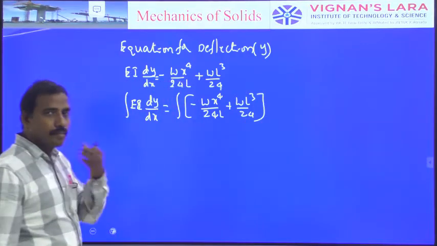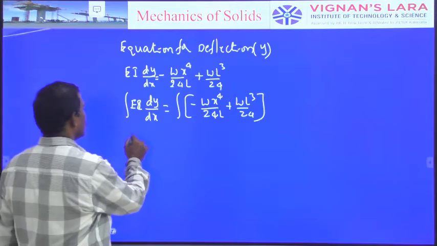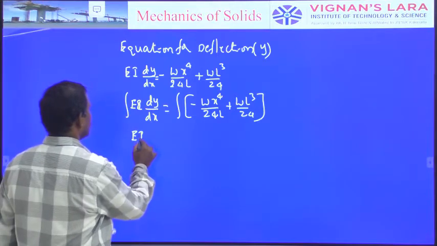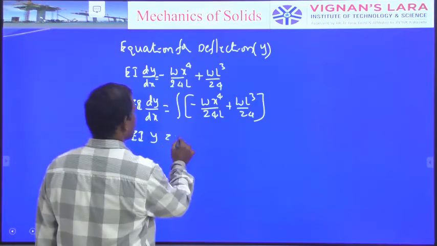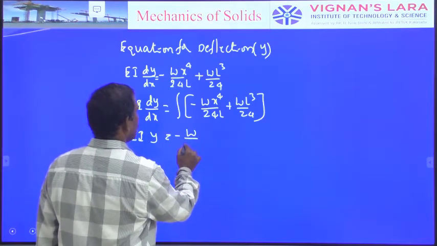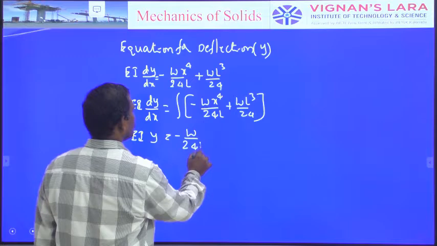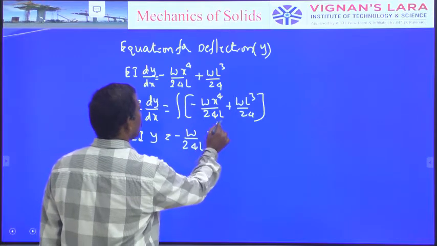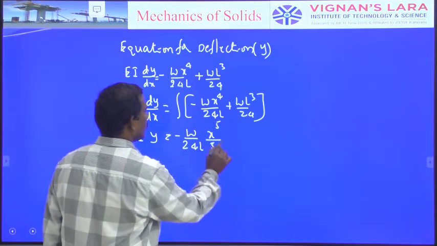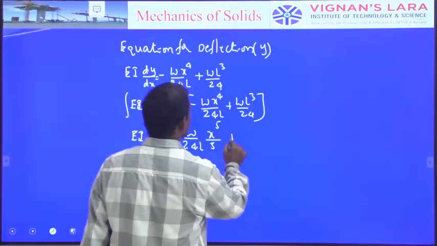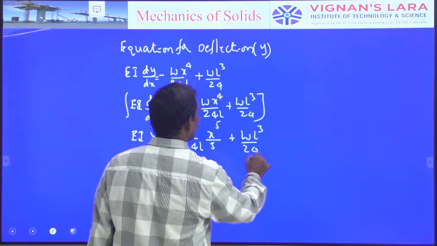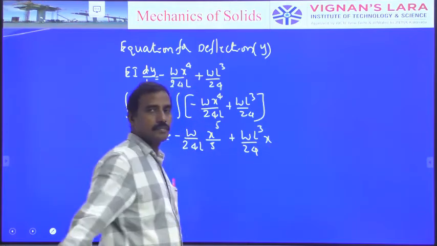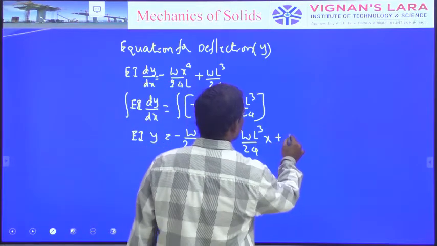After performing the integration, the equation becomes EI into y is equal to minus W by 24L into x power 5 divided by 5 plus WL cube by 24 into x plus C2.